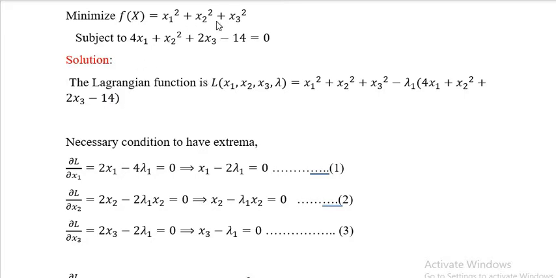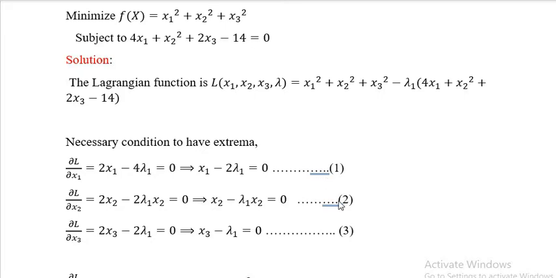Here there are three variables x1, x2, x3 and one constraint. First find the necessary condition to have extrema. That is, find the first order partial derivatives of the Lagrangian function L, that is dou L by dou x1, dou L by dou x2 and dou L by dou x3, and then equate to 0.